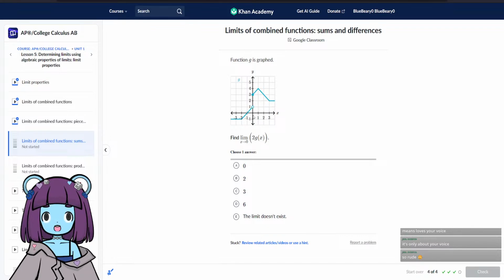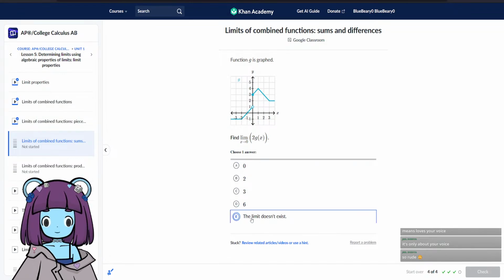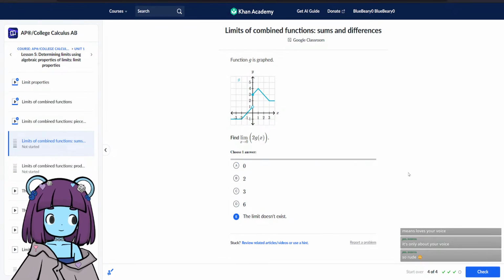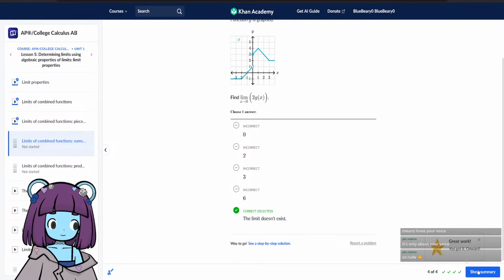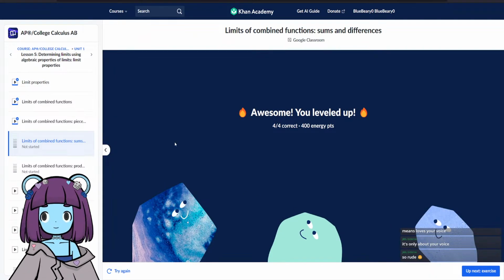So as it approaches 0, it's got two sides. So we break it up and we look at... Wait, does that work like that? Because the limit does not exist. You know, I'm just gonna try this. Okay, that's correct. Yay!